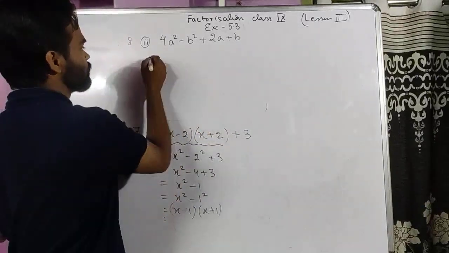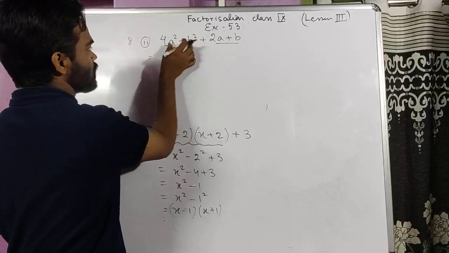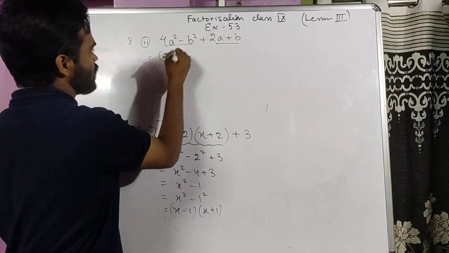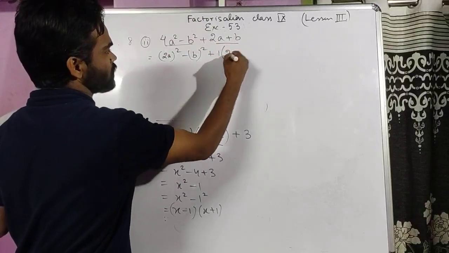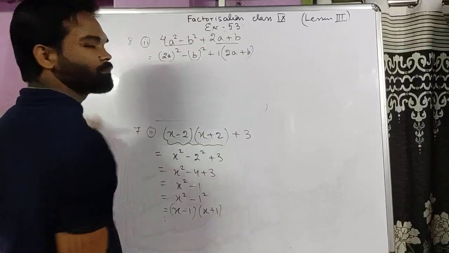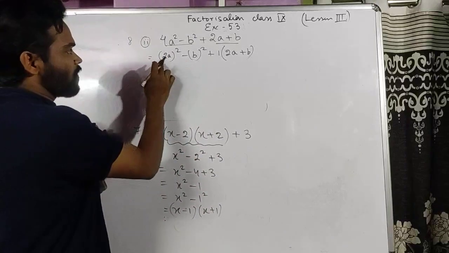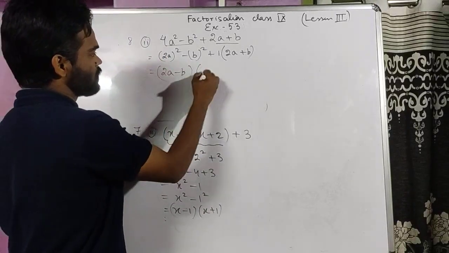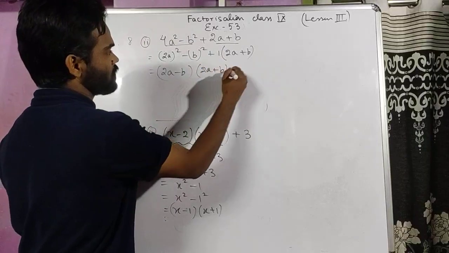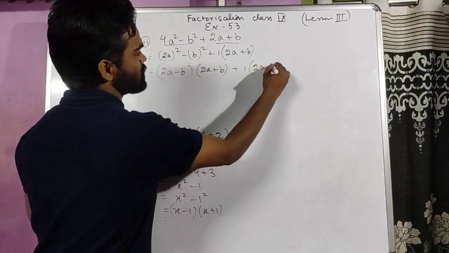How? Look over here. Can I write this as (2a) whole square minus b square, and if you take one common, this is (2a plus b). Now this is in the form of a square minus b square. This is (a minus b)(a plus b), and this as it is.